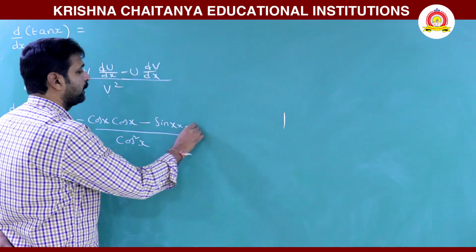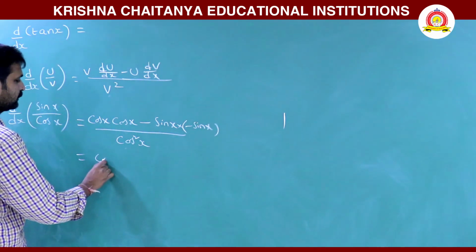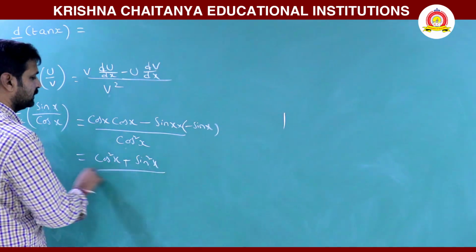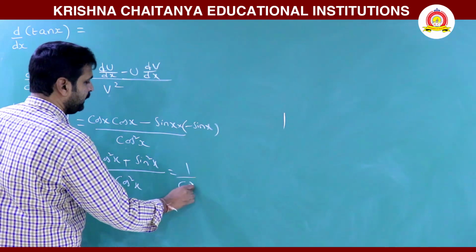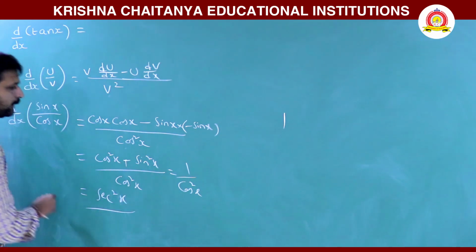So into minus sin x. Now this is cos squared x plus sin squared x by cos squared x, which is 1 by cos squared x, that is secant squared x.